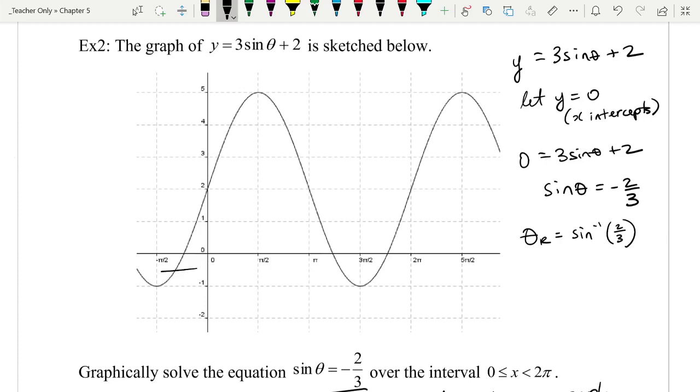I don't really want to go this way, I want to go that way. So I will keep in mind where sine is positive and negative. In fact, I can see it on here. Where is the sine going to be positive? Everywhere above the x-axis. Where is it negative? Below.